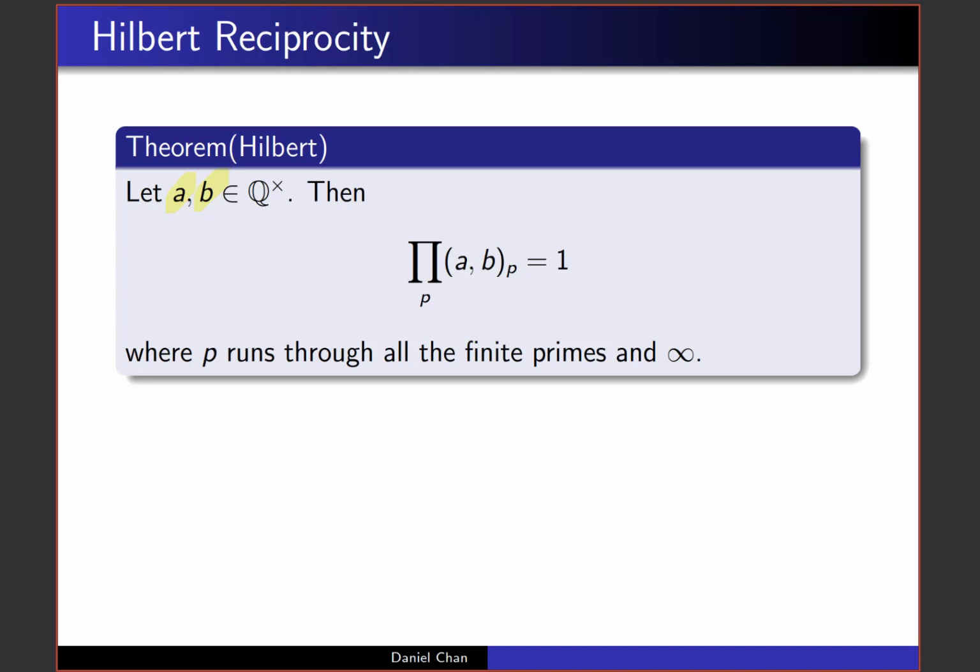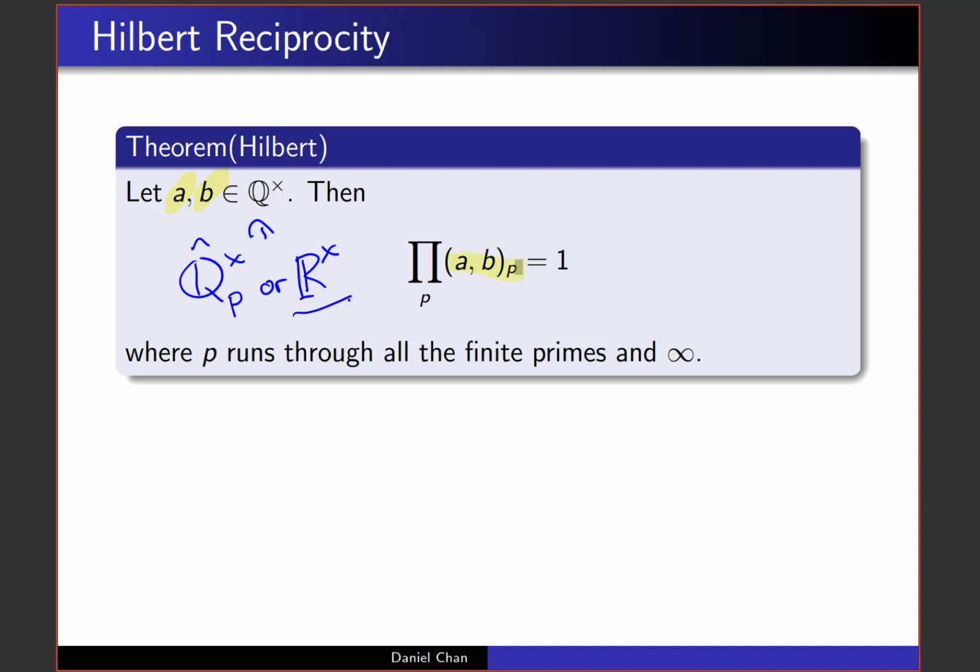So of course these rational numbers, you can always write down a base P expansion for them. And so in particular, you can map them into Q hat P cross, or think of them as non-zero reals, inside R cross. So that means that you can consider all these Hilbert symbols A, B, P like this.